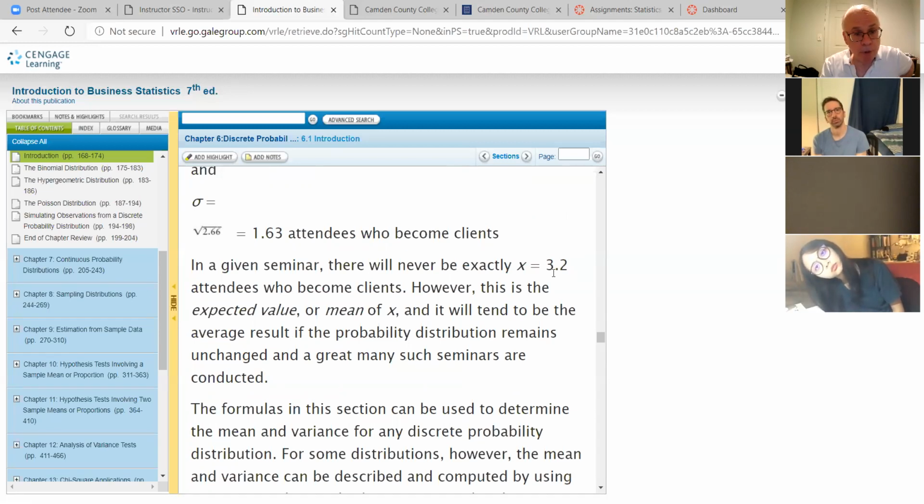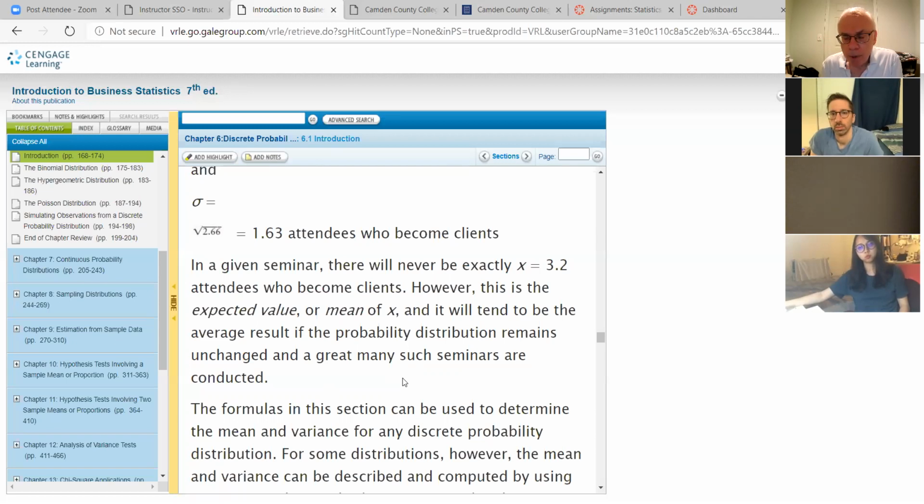So how do you interpret the 3.2? That's the expected value or mean of X, and it will tend to be the average result if the probability distribution remains unchanged, and a great many such seminars are conducted in the future. What if you're trying to determine how much to spend on one of these seminars?